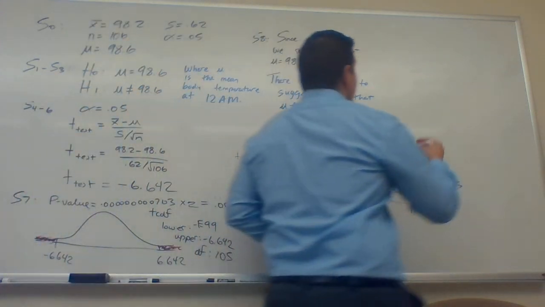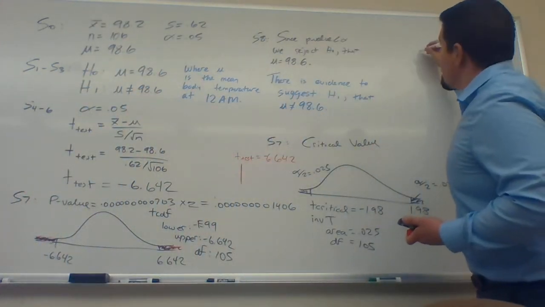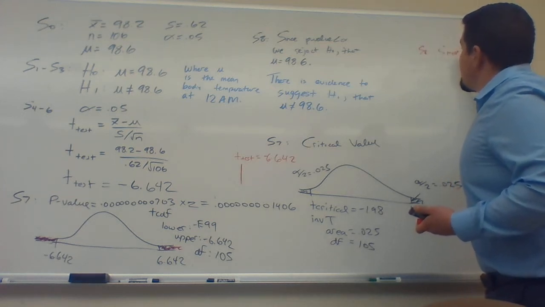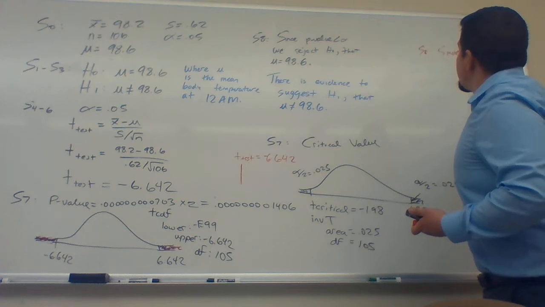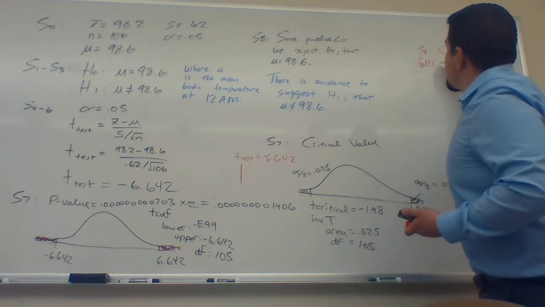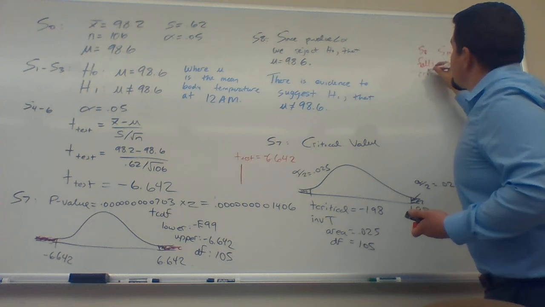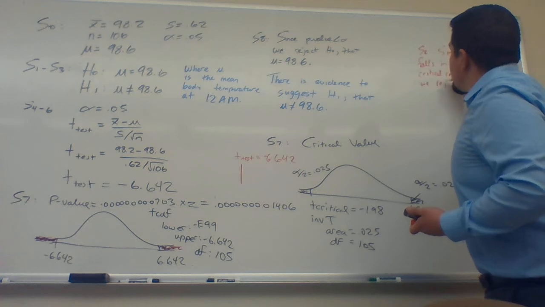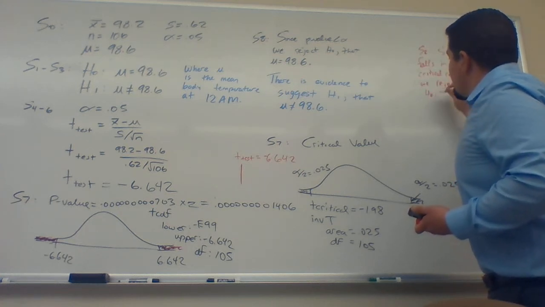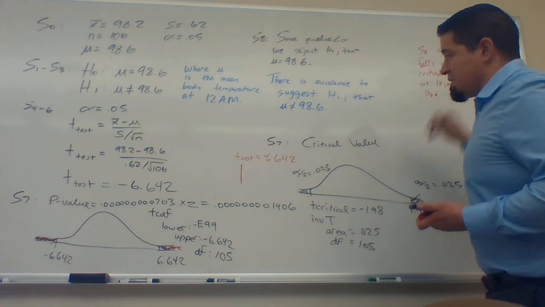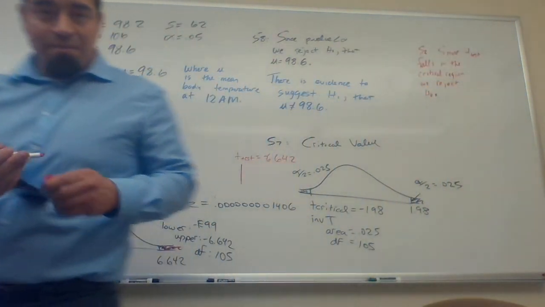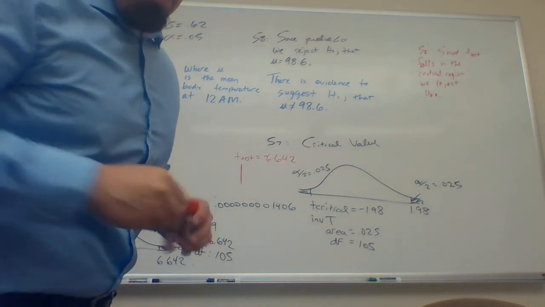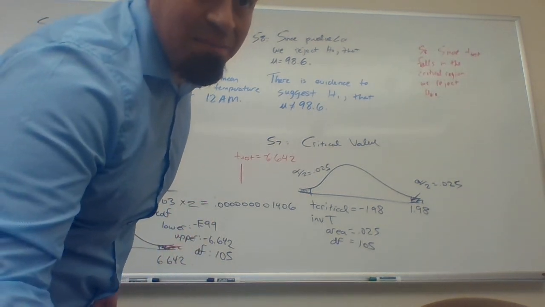So our conclusion would be similar: since the t test falls in the critical region, we reject H naught. And then the alternative statement is the same. So that concludes example 5 using the hypothesis testing.